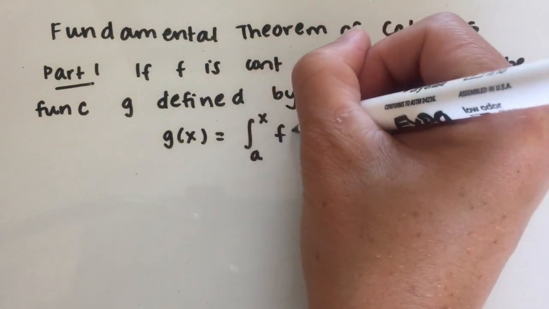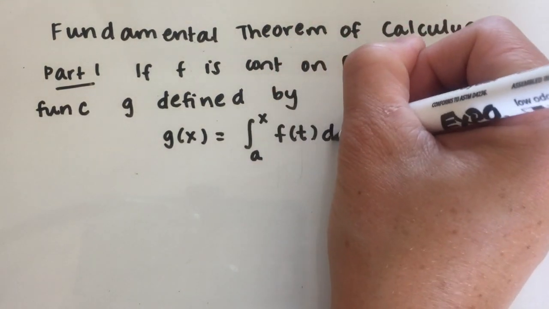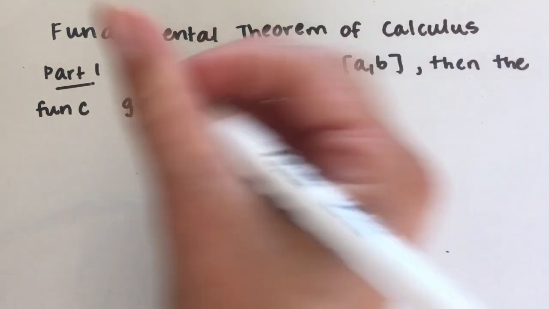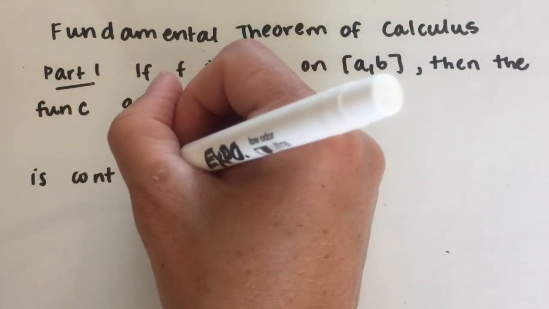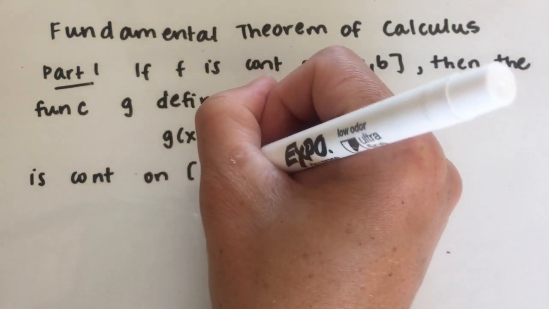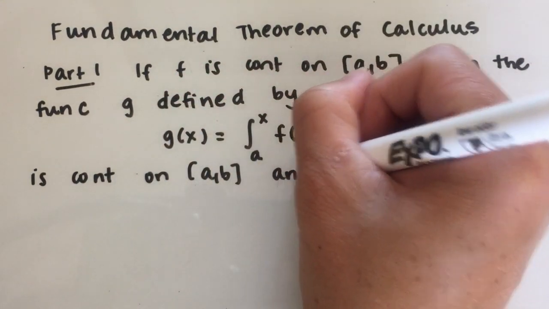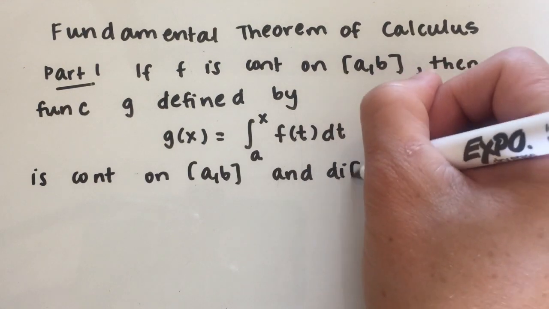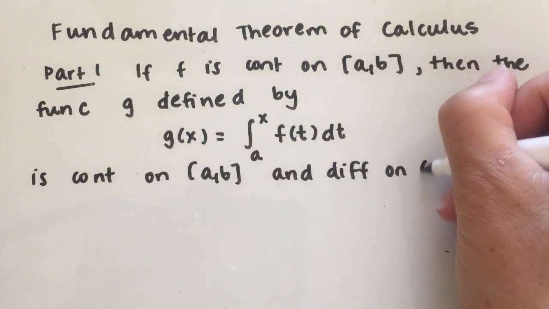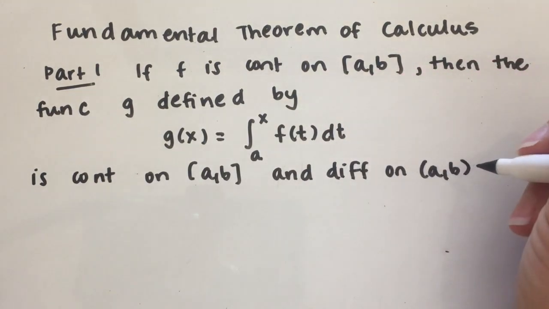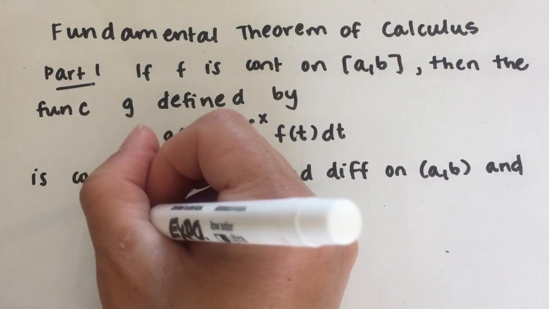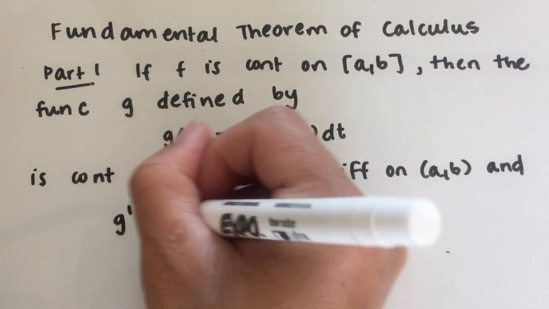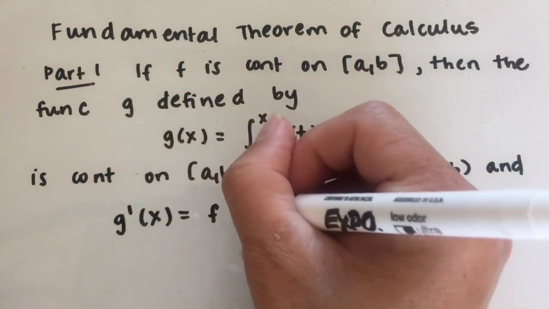And here a is just some number, and x is between a and b. So x is inside this closed interval. And g of x is also continuous on the closed interval [a, b] and differentiable on the open interval (a, b).